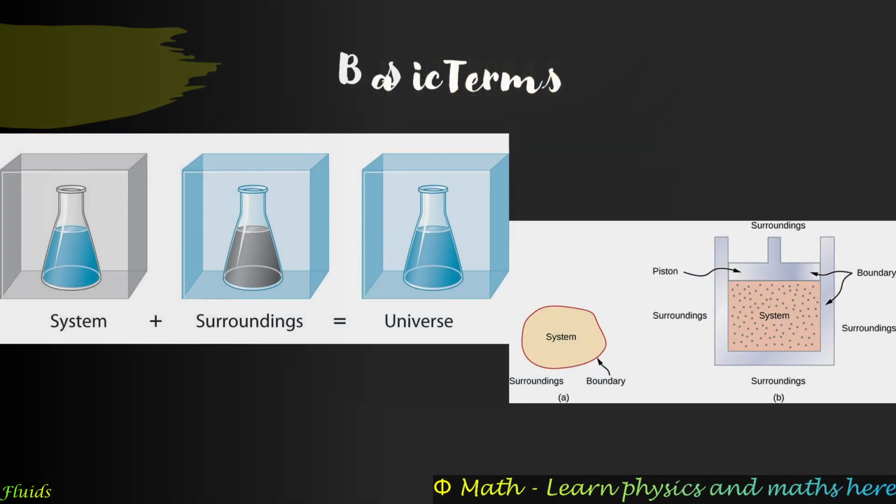First of all, we will have to look at some basic terms of thermodynamics, as we are studying a new chapter about gases. So we must know the terms of this chapter. The first term is system, surroundings and universe.